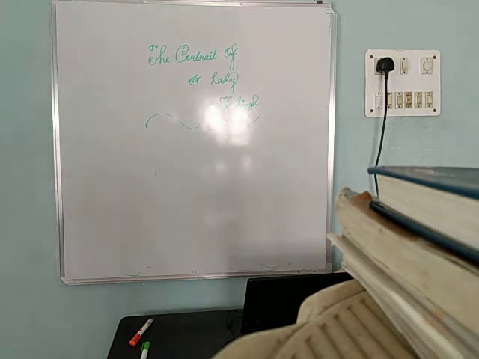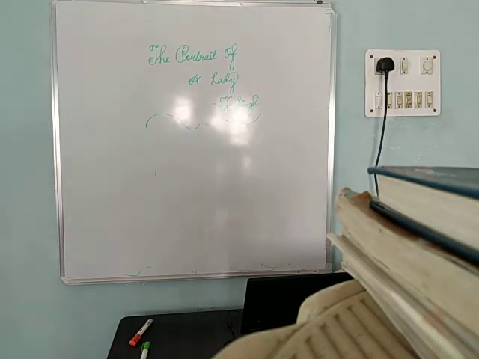So this is the end of our first chapter. Now you have to write questions and answers in your original copy of English as a first language, and I will be checking them. Make sure that when you write questions and answers, you write the introduction first before writing any answer.